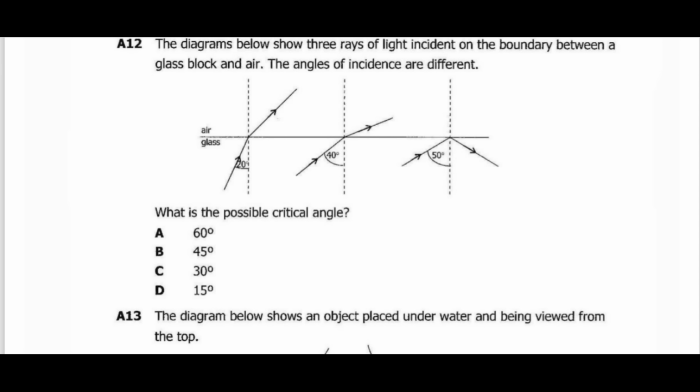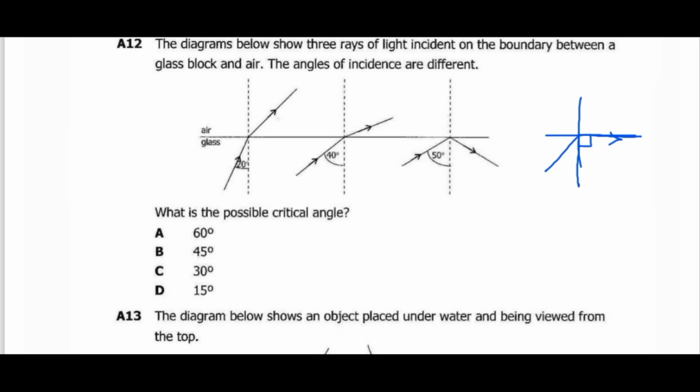Then in question 12, the diagram below shows 3 rays of light incident on the boundary between a glass block and air. The angles of incidence are different. What is the possible critical angle? Now, for us to have a critical angle, we want the angle of incidence where the angle of refraction will be equal to 90 degrees.